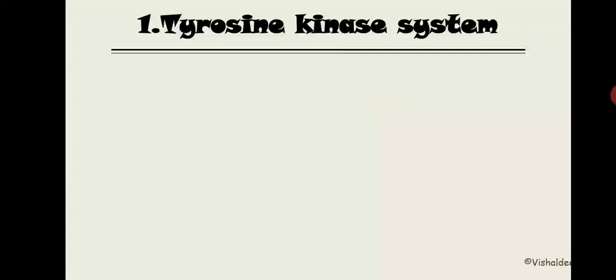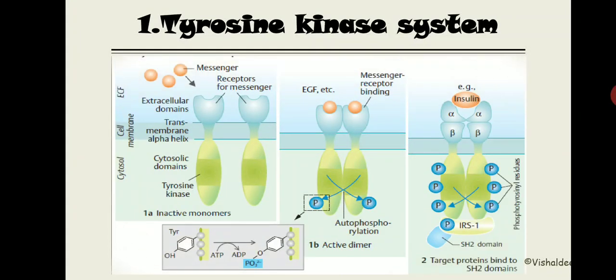So how will this tyrosine kinase receptor work? Just follow my lead. These three messengers are the ligand. They bind with this extracellular domain that is situated over here. Once this ligand binds with the extracellular domain, the intracellular domain gets activated and causes phosphorylation. This reaction is known as cross phosphorylation.